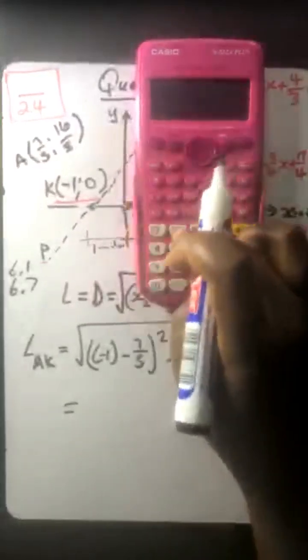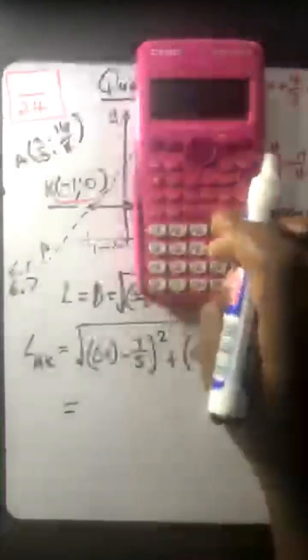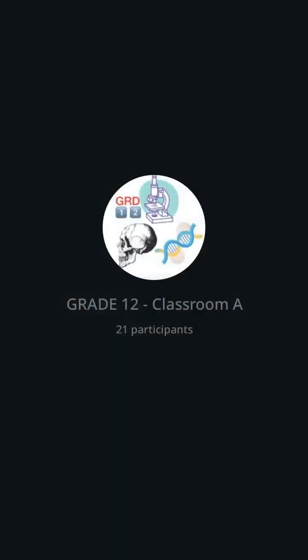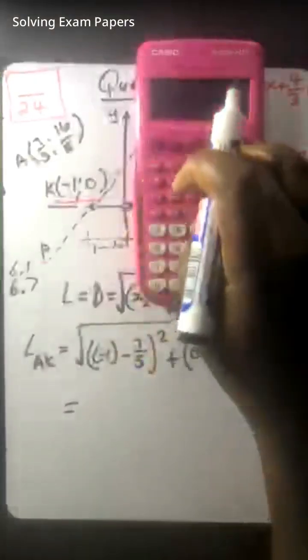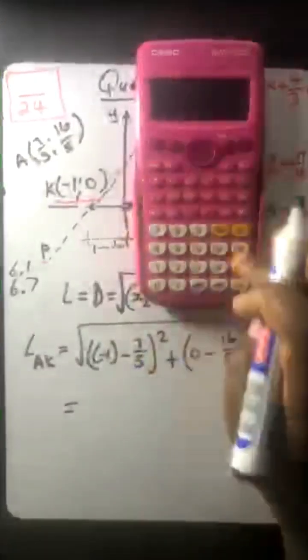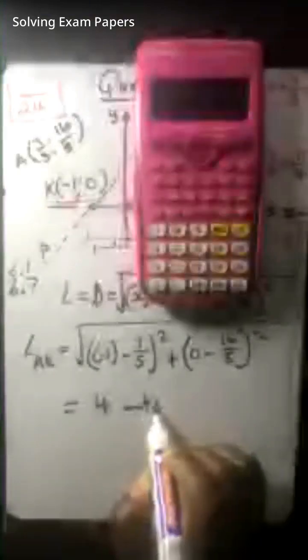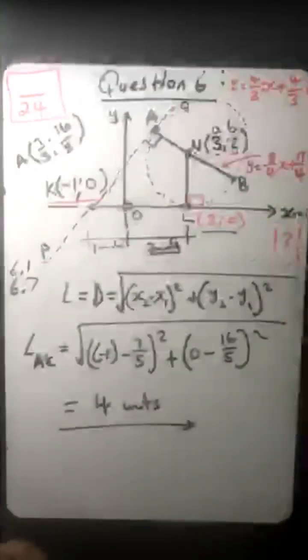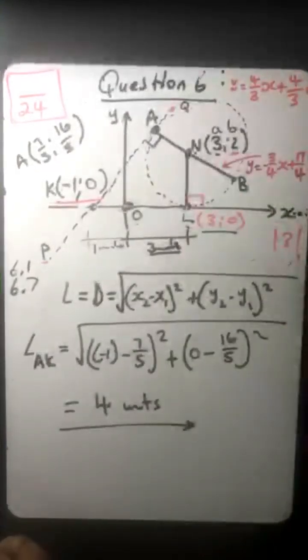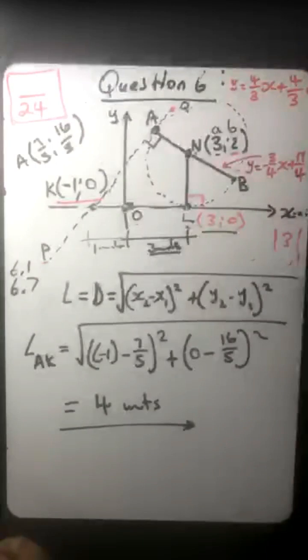7/5 squared plus 0 minus 16 over 5 squared. I'm getting 4. Is everyone getting 4 units, honorable members?